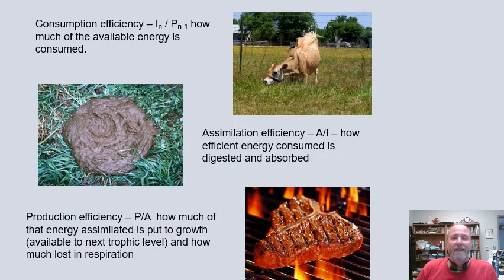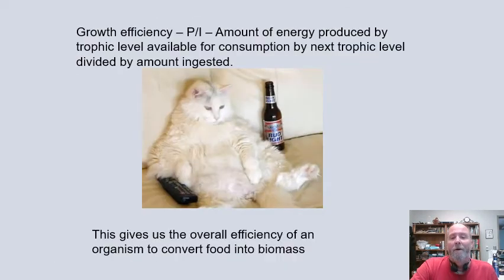Okay, so when you start thinking about how efficient an organism is at making that production, that biomass that's available for the next trophic level, we have to start thinking about how effective they are at consuming things, assimilating things, and then producing things. And at each one of these levels, we're seeing a reduction in the amount of available energy that's being passed on to the next trophic level. Okay? So overall, what we think about is what's that growth efficiency.